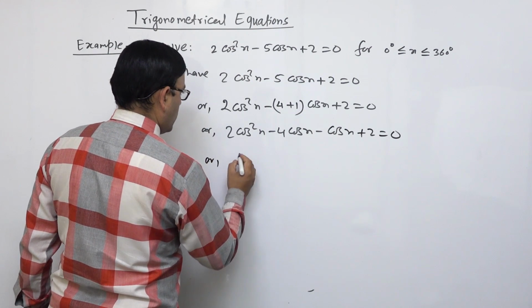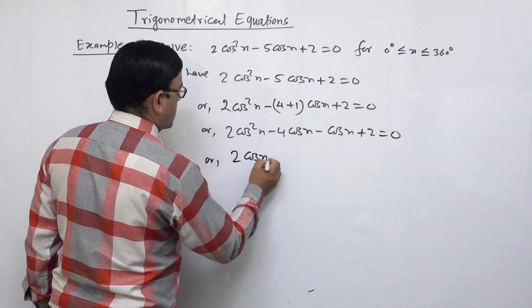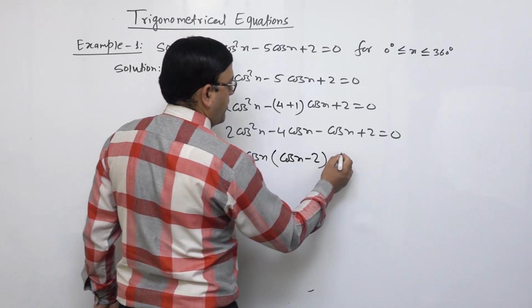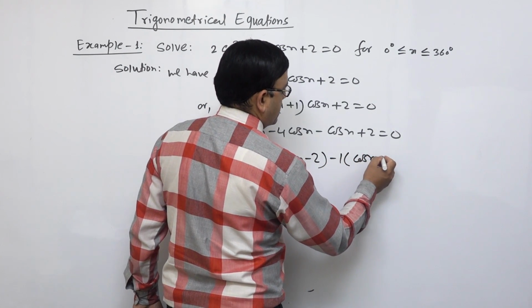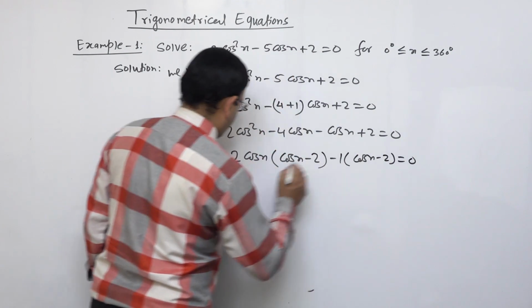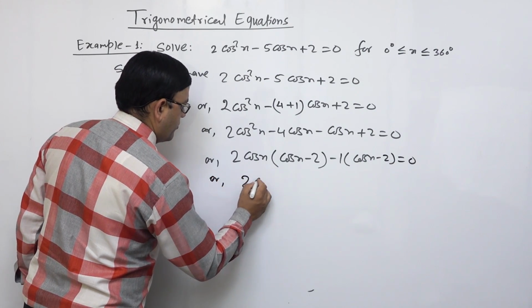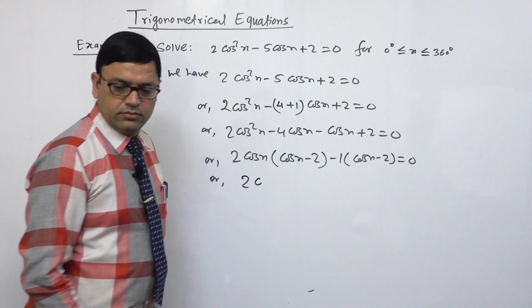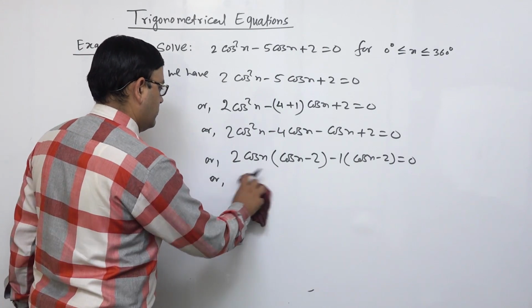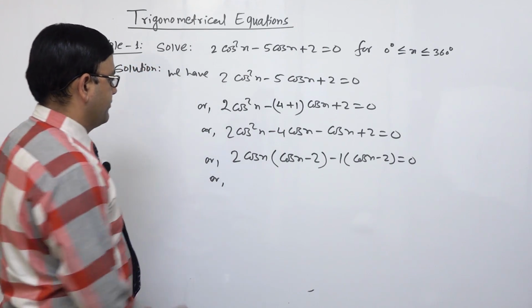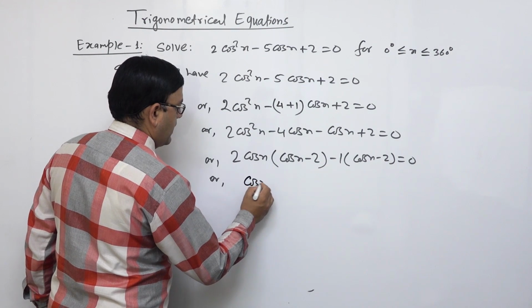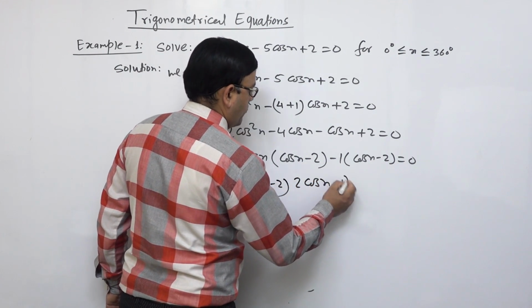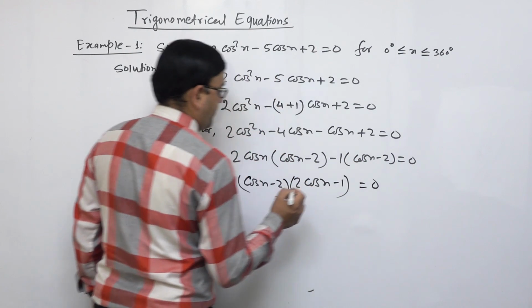We can take 2 cos x common, then here remains cos x minus 2, minus 1 common, so here is also cos x minus 2 is equal to 0, or we can write 2 cos x minus 1 times cos x minus 2 is equal to 0.